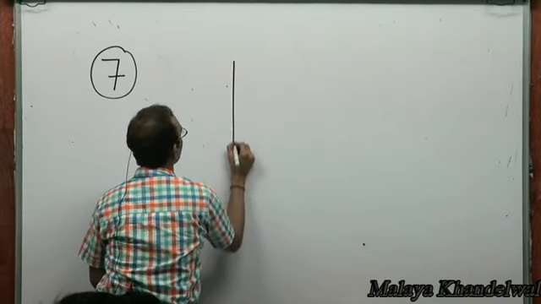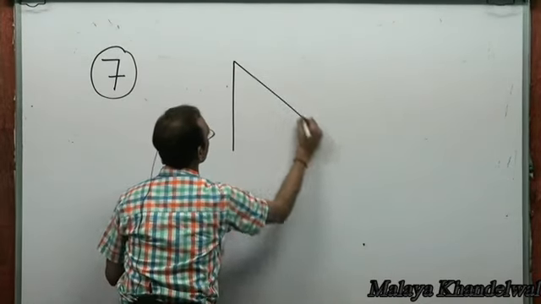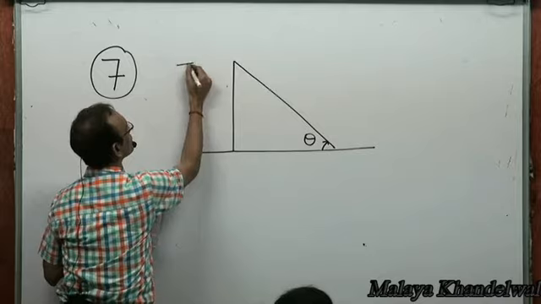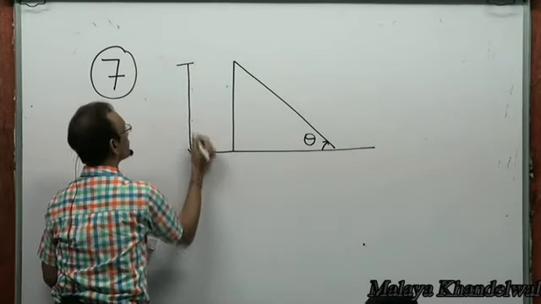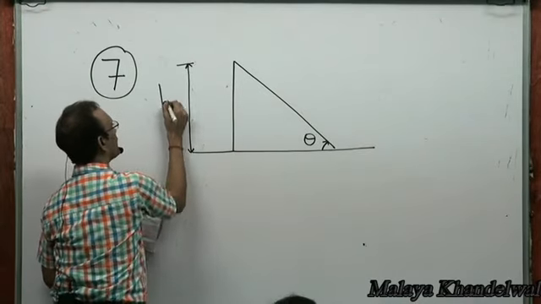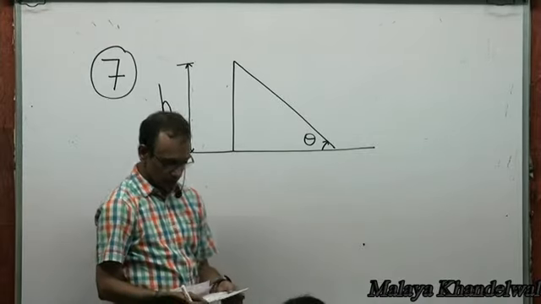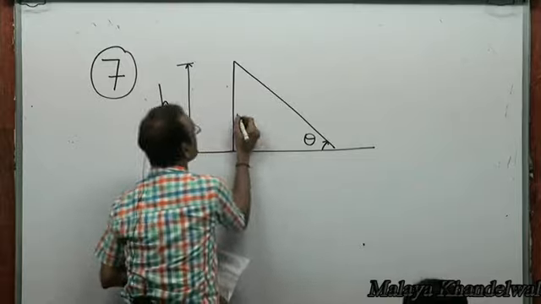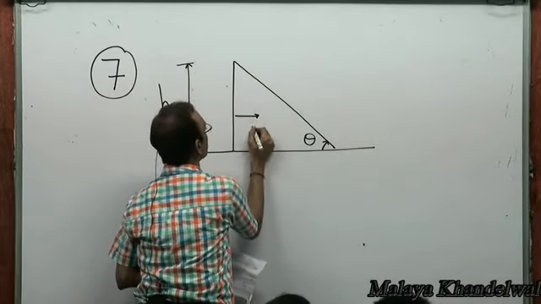There is an inclined plane. Height of the inclined plane is h. The inclined plane is given an acceleration a to the right.